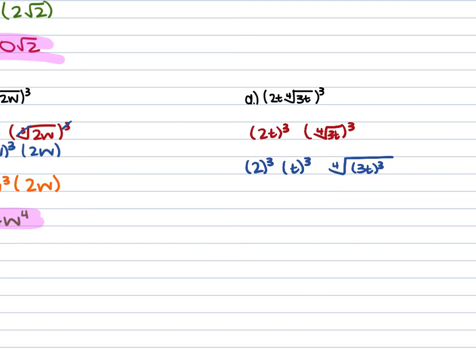To simplify this, 2 cubed is 8, t cubed is t cubed. The 4th root of 3t cubed is going to be 27t cubed. The factors of that 27 are just 3 times 3 times 3. You do not have 4 of the same term or the same number for either the t cubed or the 27, so you leave it 8t cubed times the 4th root of 27t cubed.